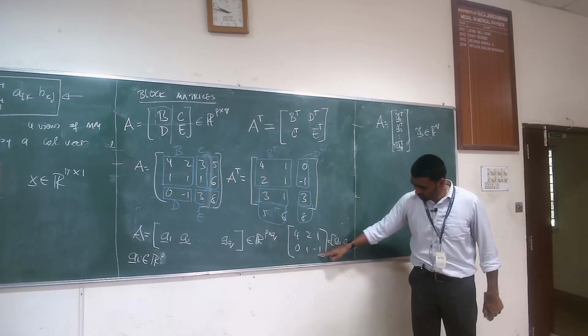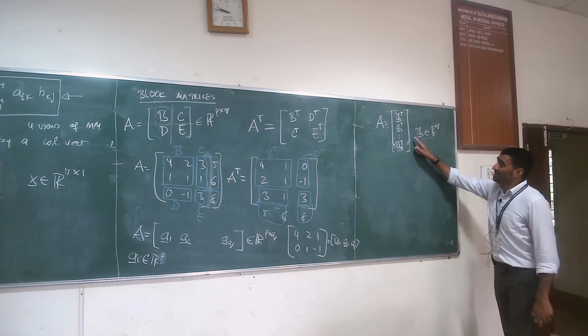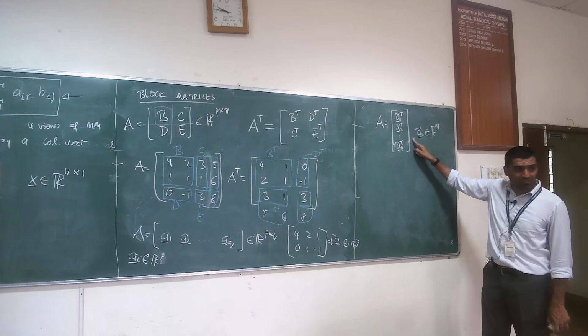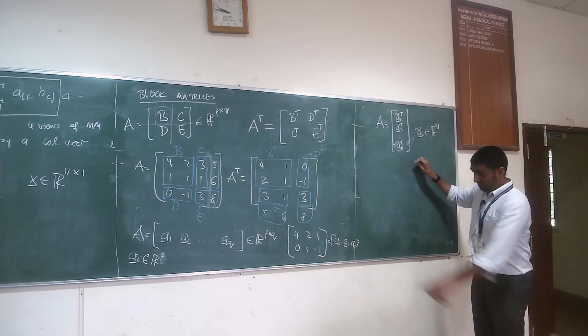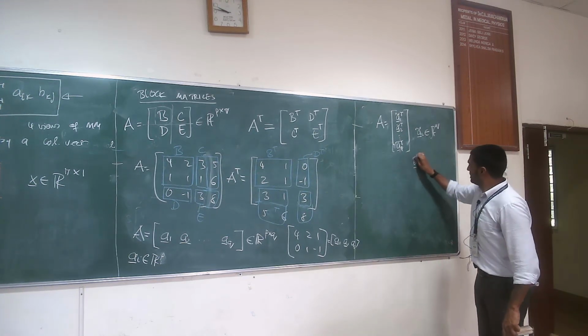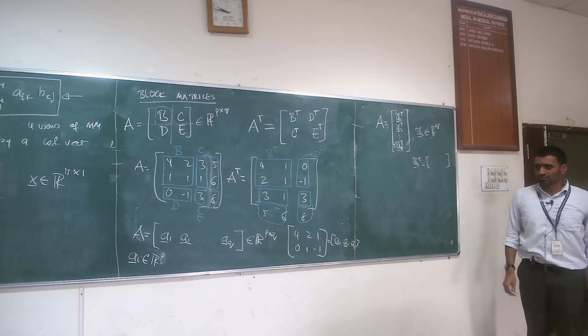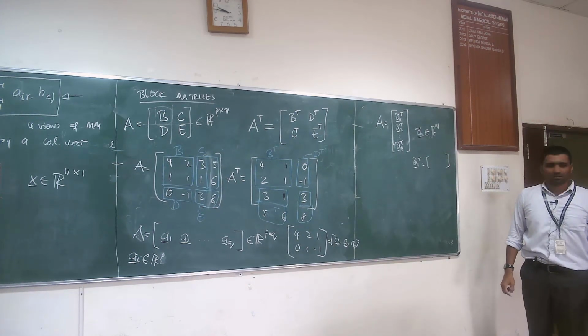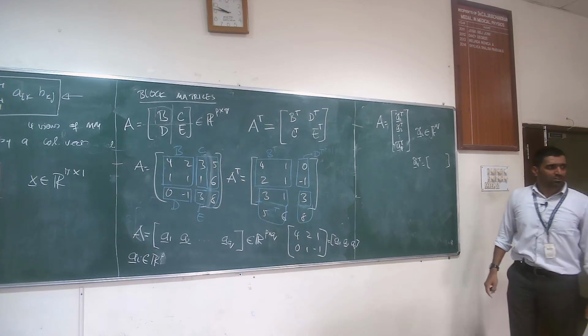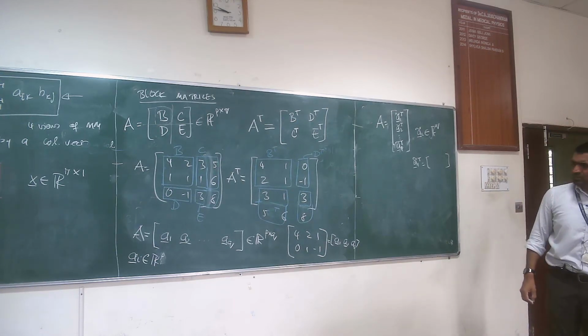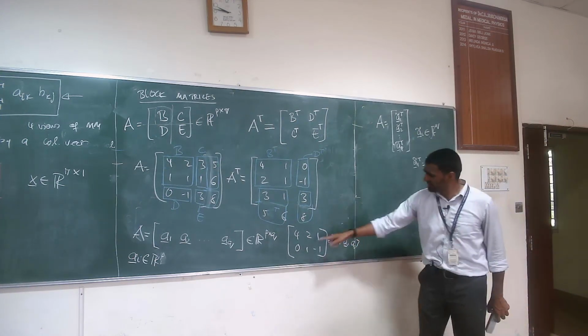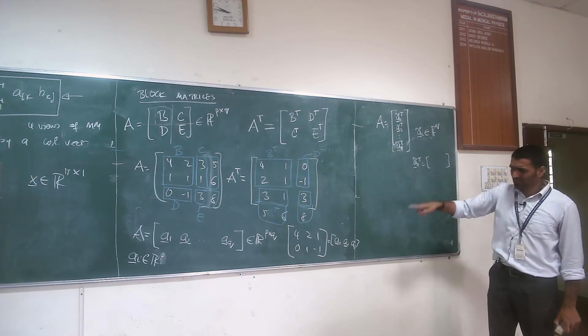What is A3? 1, minus 1. If we write it in terms of its rows, what is A1 tilde transpose? What is the first row? See, this is the first row of A.